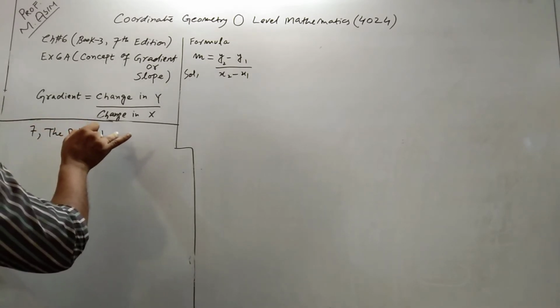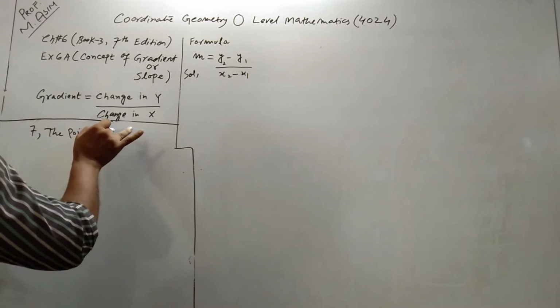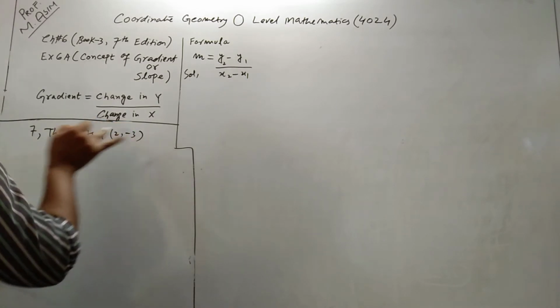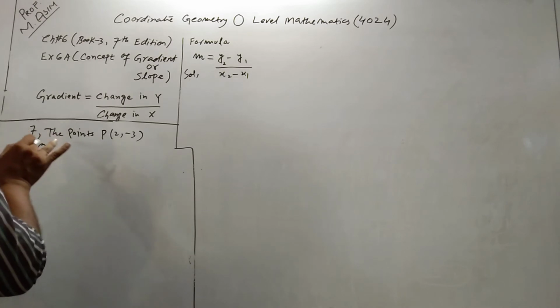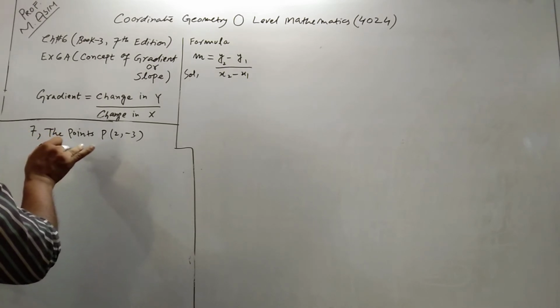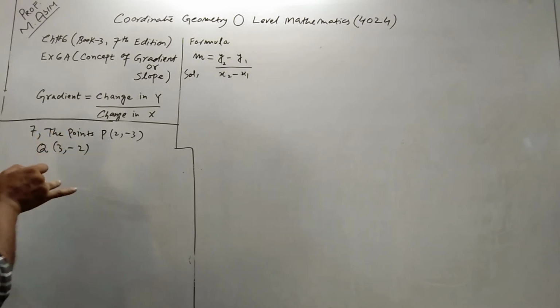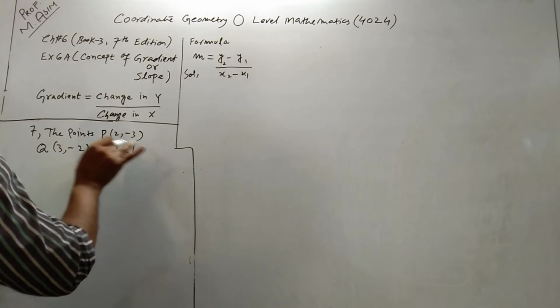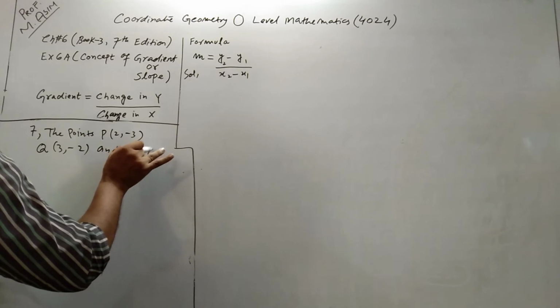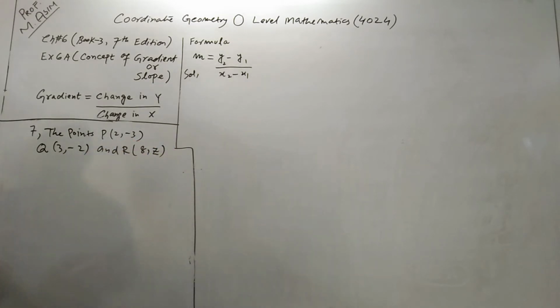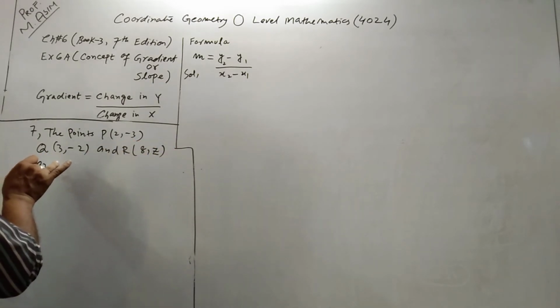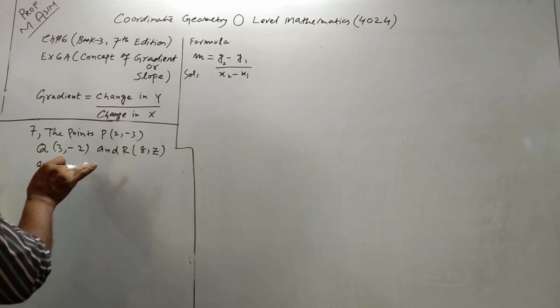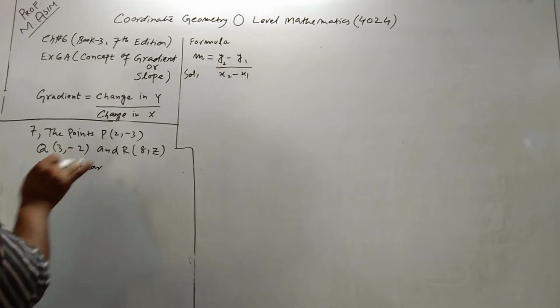The points P (2, -3), Q (3, -2), and R (8, Z) are collinear.